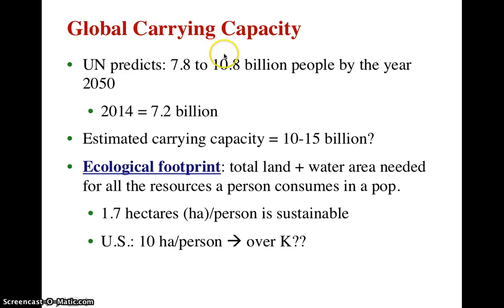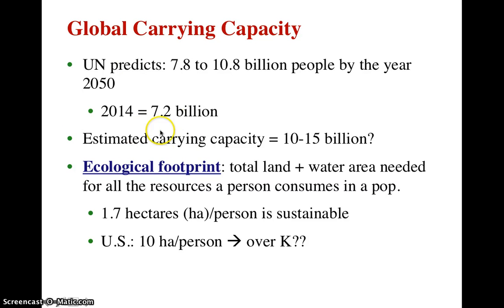This is a little old prediction, and they haven't come up with a new one. At least I couldn't find it. So right now, as I make the video, we have 7.2. Okay, and if you're interested, go Google current world population, and then find a website that has a .org at the end or .edu. Those are usually more accurate.